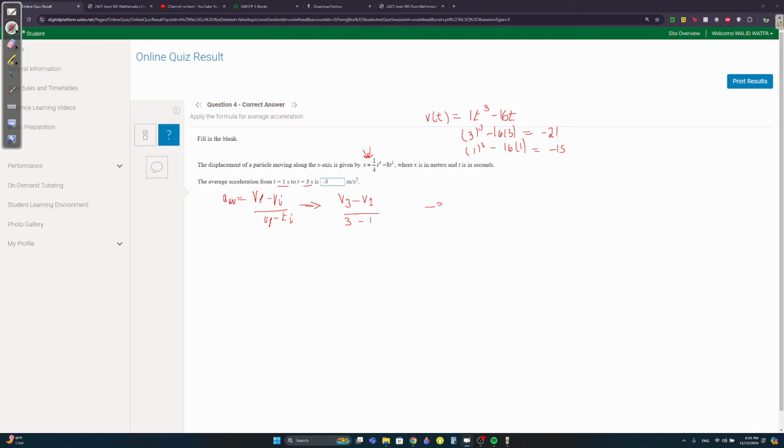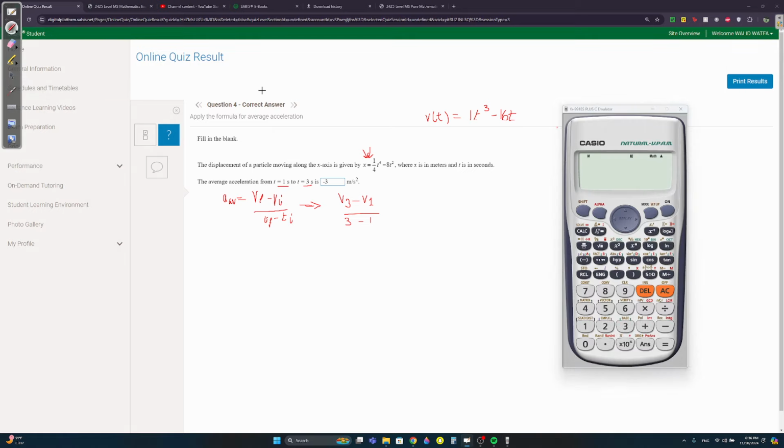So you get minus 36 over. I did something wrong. No, wait, I didn't do anything wrong. Anyway, 3 cubed minus 16 times 3, you get minus 21. 1 cubed minus 16 times 1 is minus 15. v(3) minus v(1): v(3) is minus 21, minus v(1), minus 15.